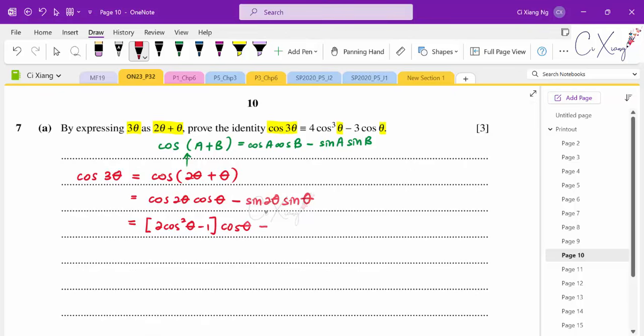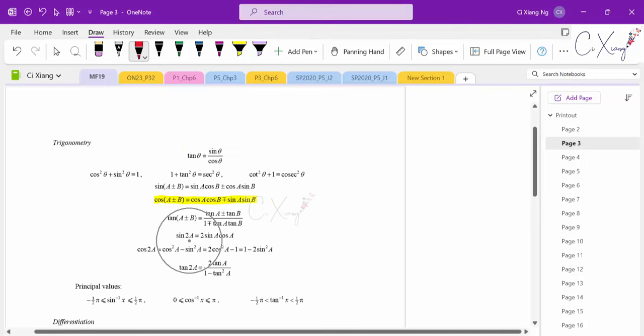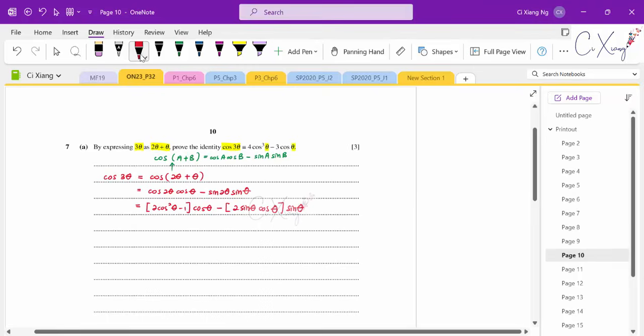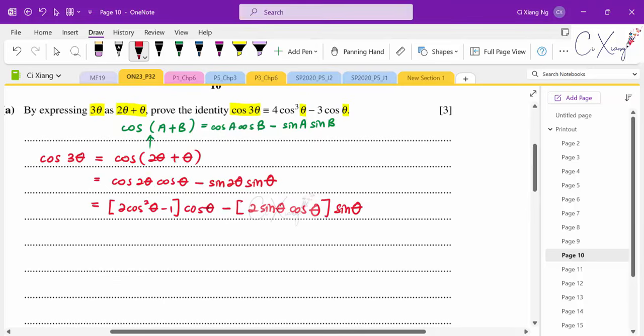Then for sine 2 theta, if you expand it, you're having 2 sine theta cos theta. Then multiply with sine theta. So again, if you can remember the double angle formula for sine 2 theta, refer to it again from the formula booklet. Alright. Then next, we are going to simplify my equation.